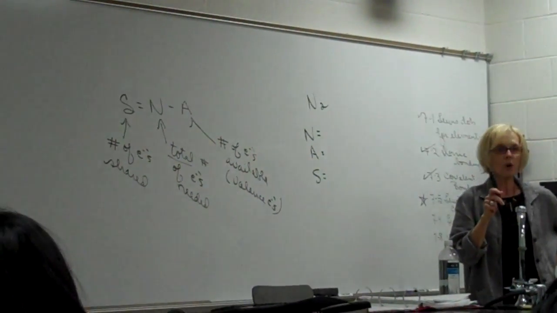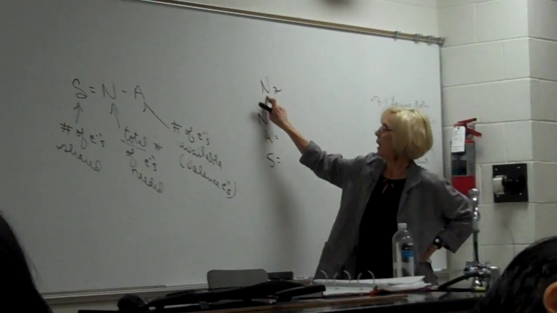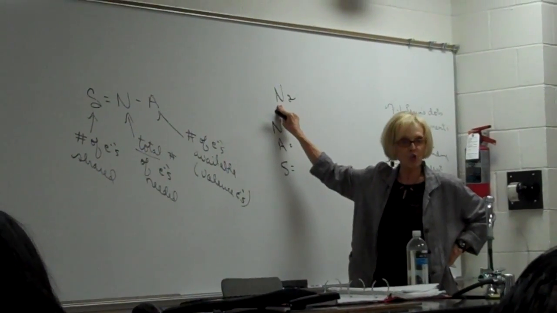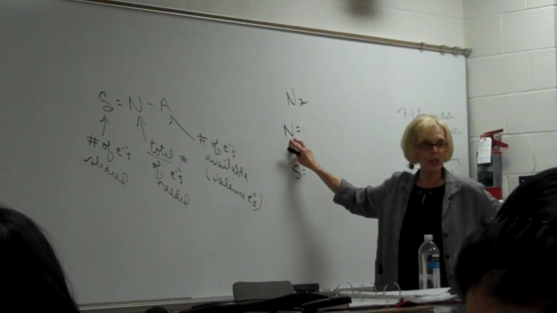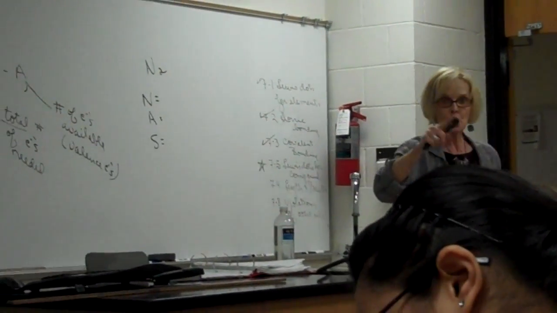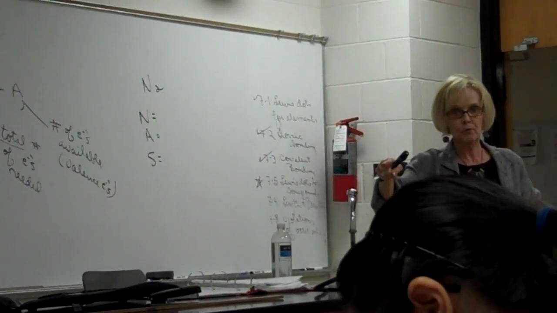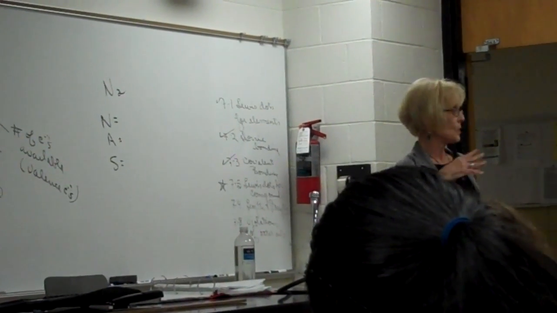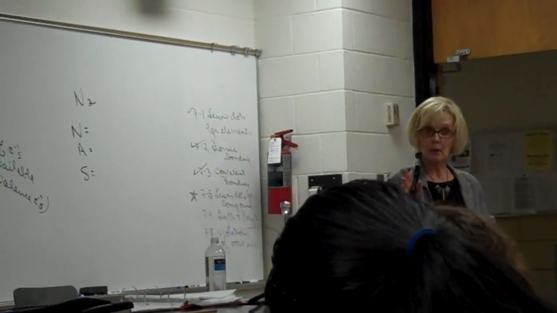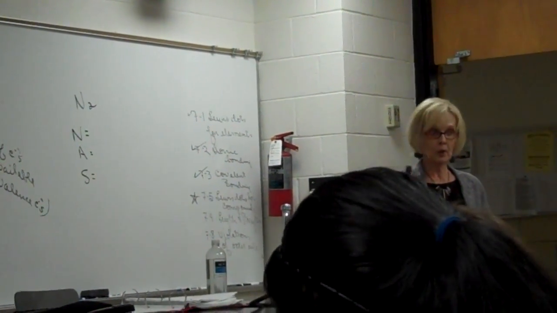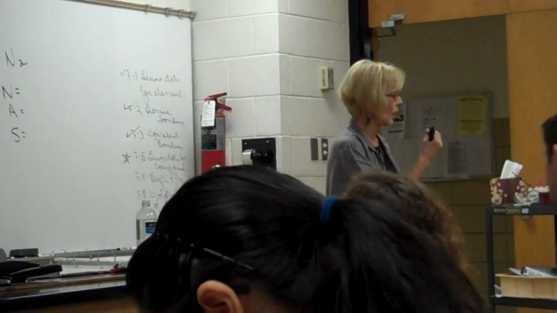Notice something just horrid about chemists. N here stands for nitrogen. N here stands for need. N in chapter 4 stood for major energy level in the quantum numbers. It's because there's only 26 letters in our alphabet. And so they get some double and triple usage. So you've got to look at context.